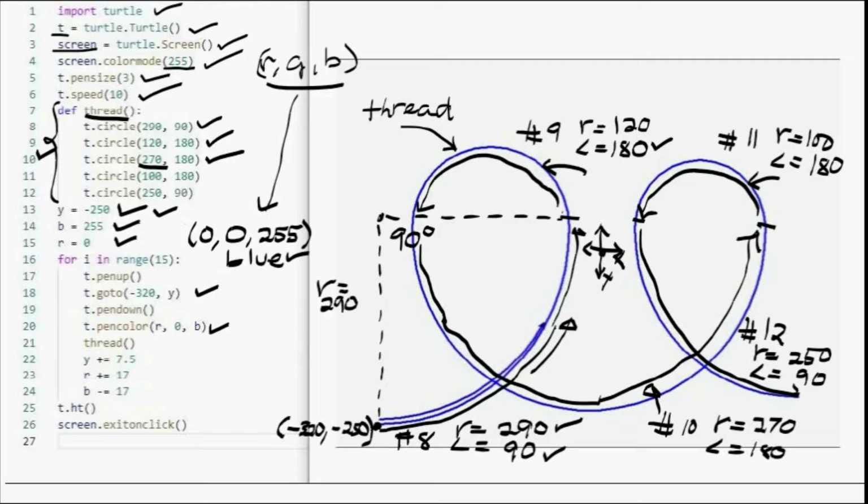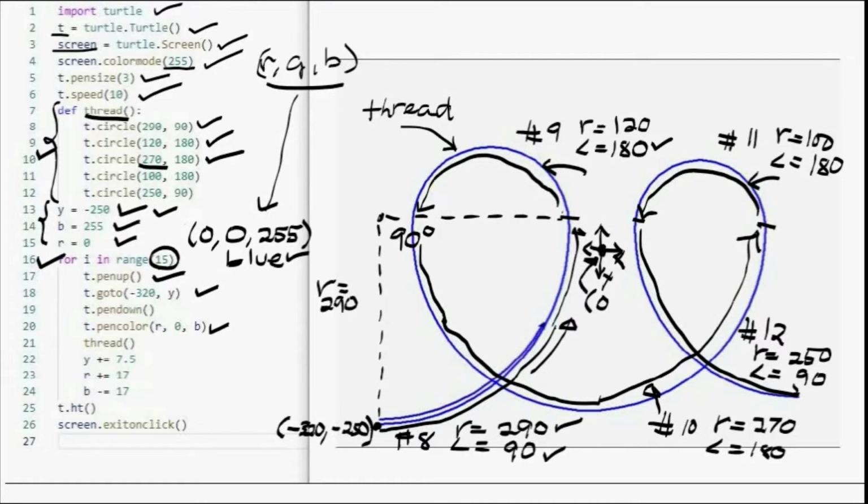Now that we have these initial values for the y, b, and r, we're going to draw 15 threads. The first thread is already drawn here. How was it drawn? We first put our pen up because initially the turtle is in the center, 0, 0 here.